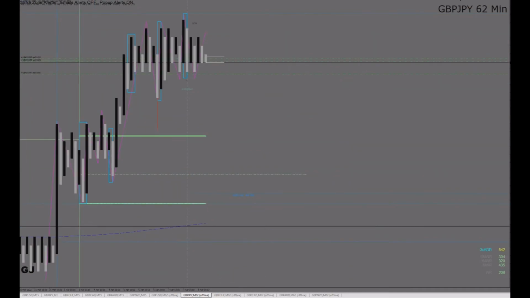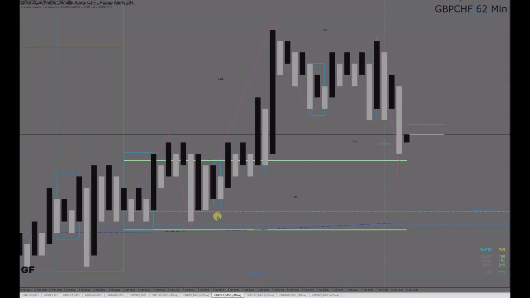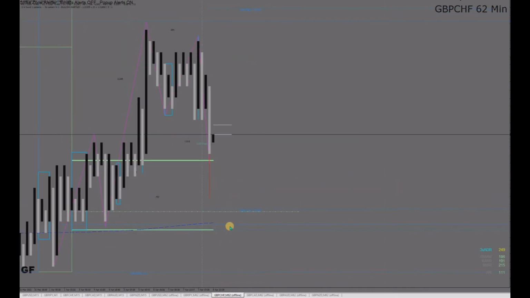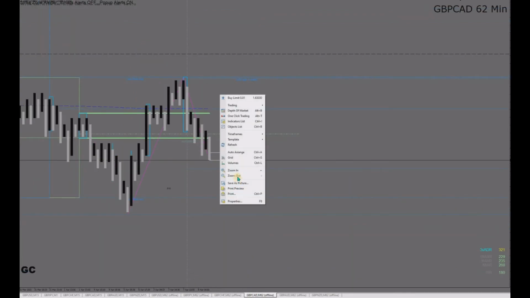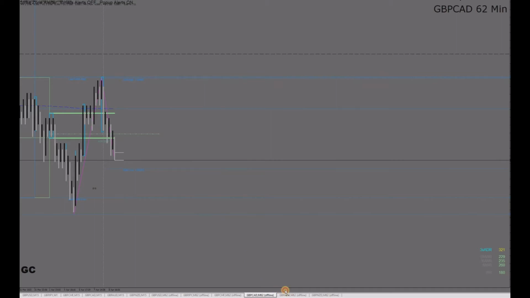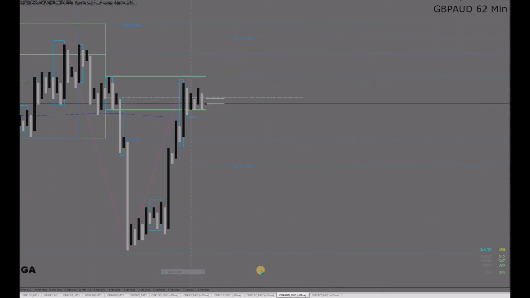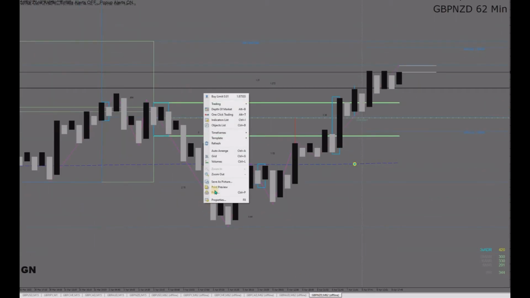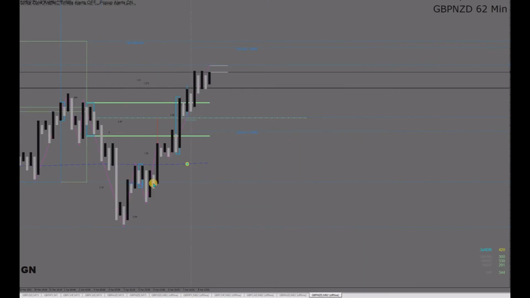I just had it zoomed in for illustration, but this method should not be new to you, because we're just trading what price does at yesterday's high and low. But yeah, those slides are in the folder, and just do what you gotta do. I will be applying this to my trading.